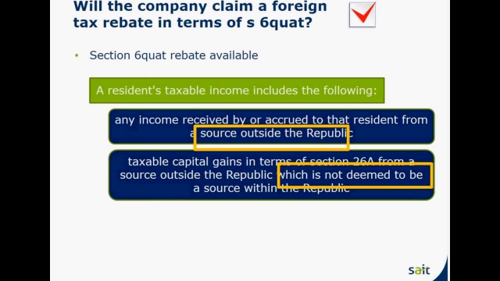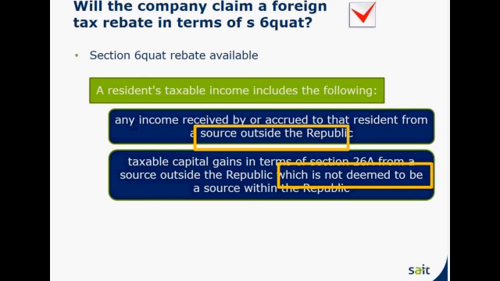There's one or two more specific items that I haven't listed here, or capital gains tax, from a source outside of South Africa. If you have two income streams, then file for a Section 6 quat rebate.